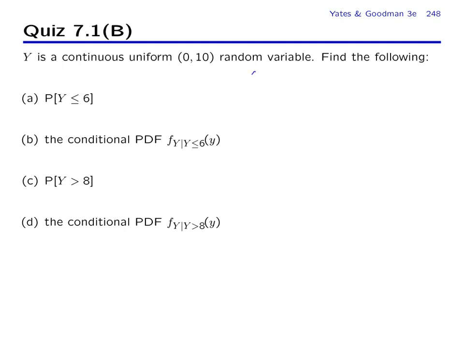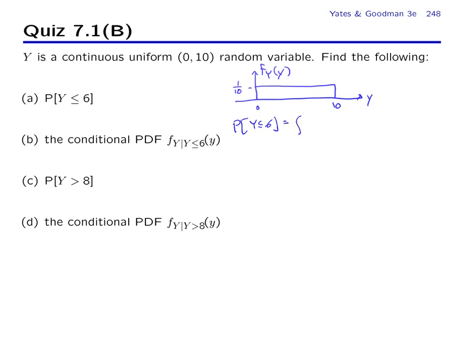So in this quiz, y is a continuous (0, 10) uniform random variable. That means it has a uniform PDF from 0 to 10 with value 1/10. And now we can do step A, where we calculate the probability y is less than or equal to 6.